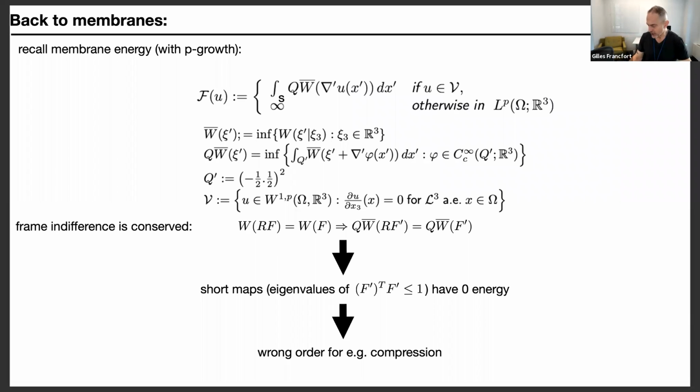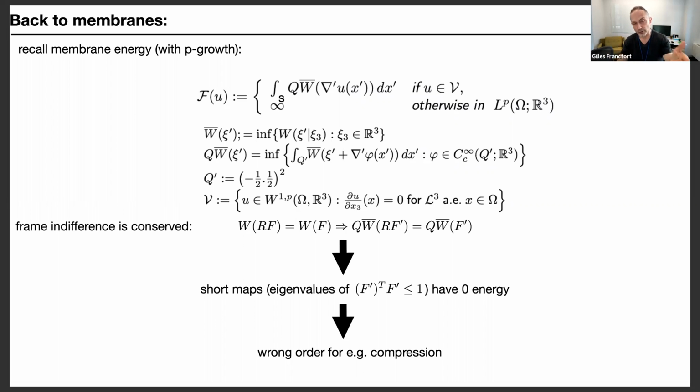Now, one thing that I don't believe she mentioned, and which goes back to the original result, the alpha result if you want, of Le Dret and Raoult, is that in performing this quasi-convexification and this infimizing process over the third column, you get something which keeps frame indifference.